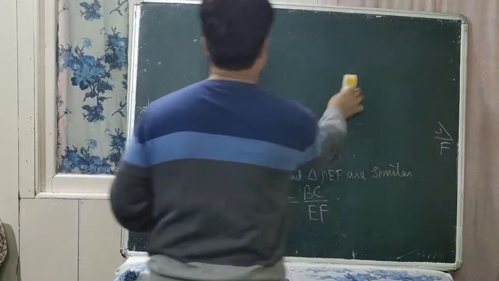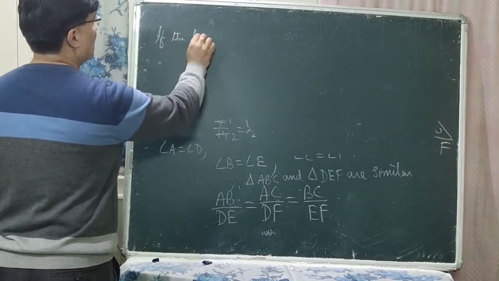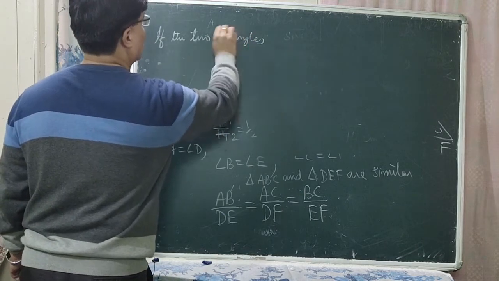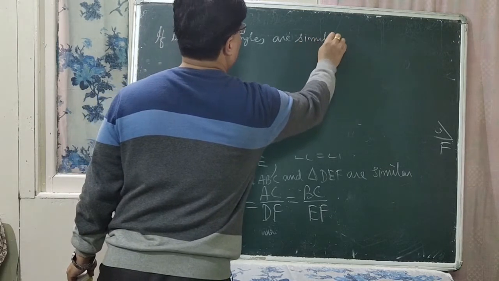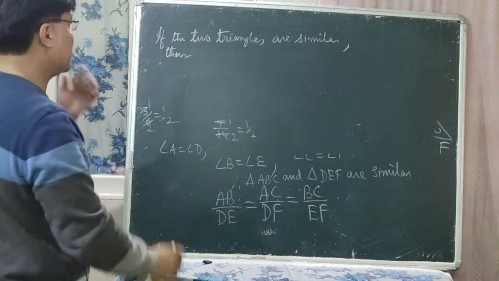The important point here is, if the two triangles are similar, then what can you write?